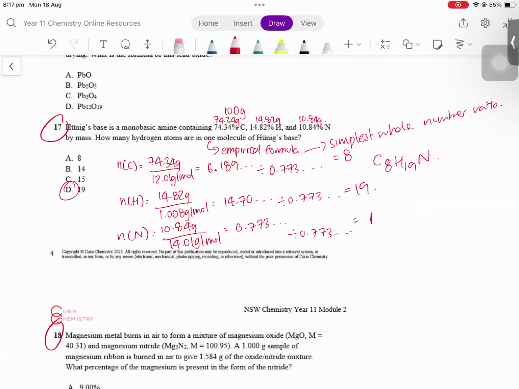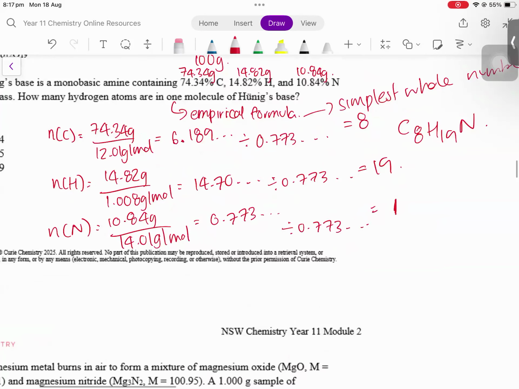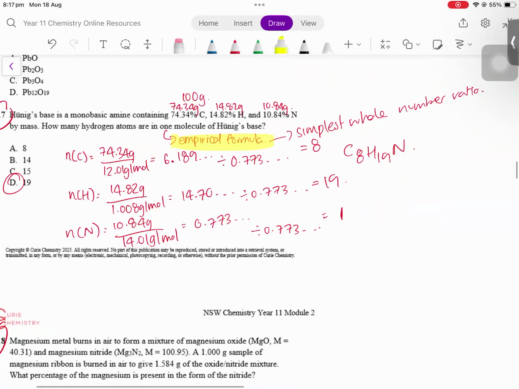What I want you to keep in mind is that generally speaking, empirical formula is the simplest whole number ratio by moles. Anytime you get asked about empirical formula, no matter how the question is expressed, you need to know the bare minimum of what you need to do, and then adjust according to whatever the question asks you. The bare minimum to figure out empirical formula is the moles of each element.